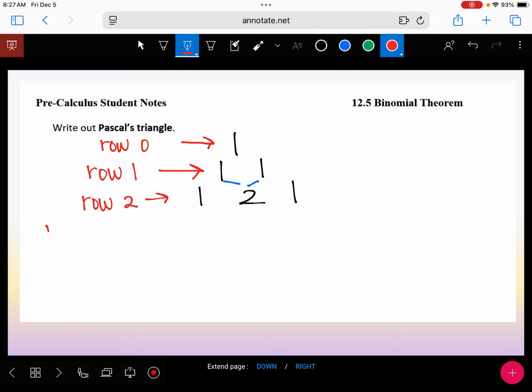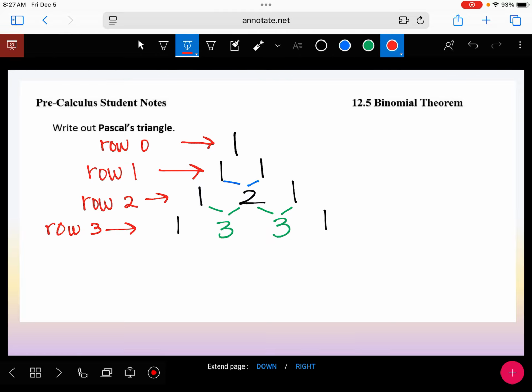Now let's look at row 3. So I'm going to start with the 1. I'm going to end with the 1. All right, so now I got to add these together. What's 1 plus 2? 3. What's 2 plus 1? 3. Notice that every row we're adding a number.